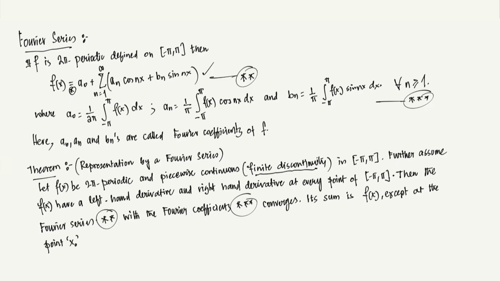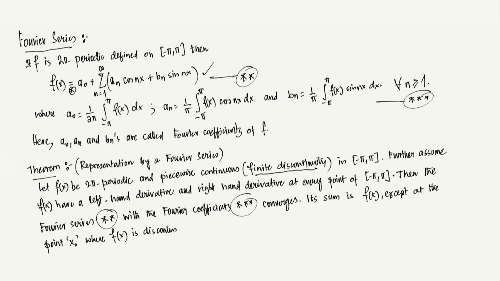If it is discontinuous, there are a finite number of points. Let's take a point where it is discontinuous, x naught. What happens to this sum? If it is continuous, it converges to f of x, no issue. But at that point x naught, where f of x is discontinuous, the sum is not f of x.